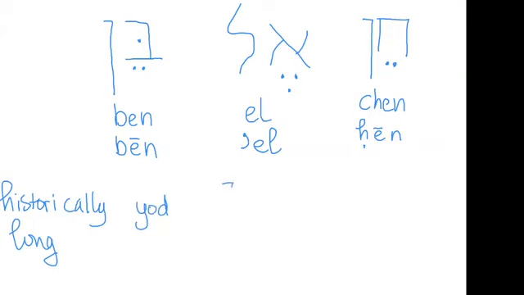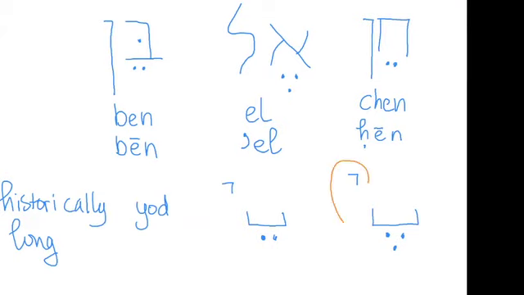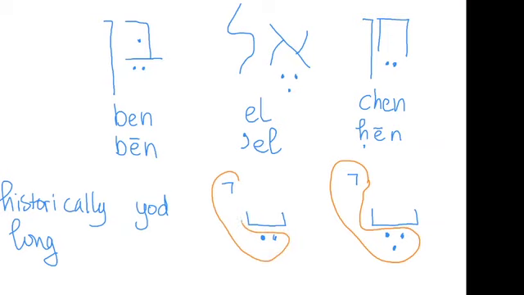So the Yud, when you find this in combination with the Tsere or in combination with the Segol, is not the Y, but it's part of a vowel. So this is a vowel and this is a vowel.